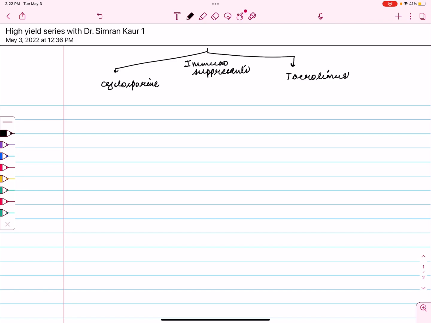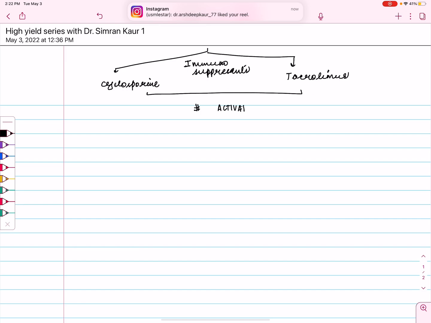So let us discuss how they work. One thing that is common in both of them is that they are going to inhibit the activation of T cells.